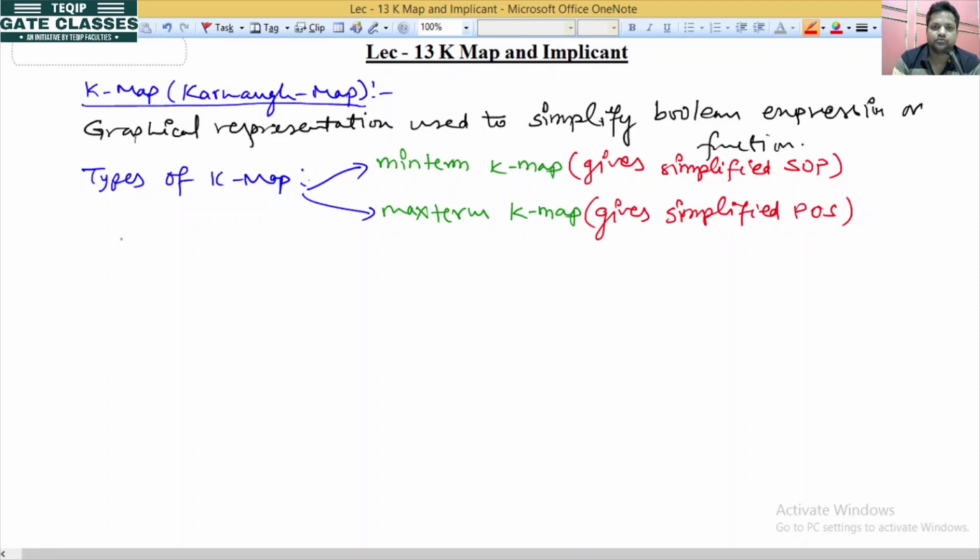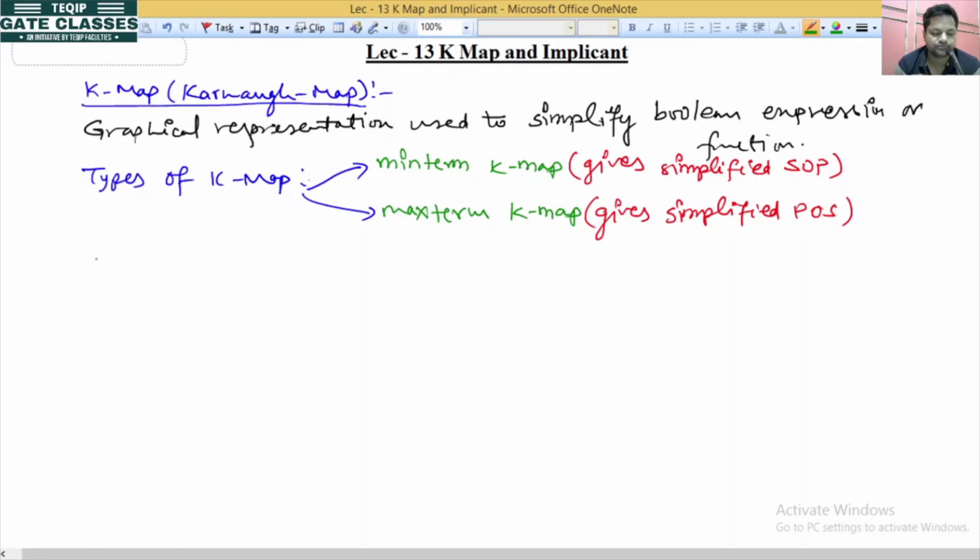Now, when we are moving to simplification, there is no guarantee that our simplification must be unique. It may be unique, may not be unique, depending on our example.